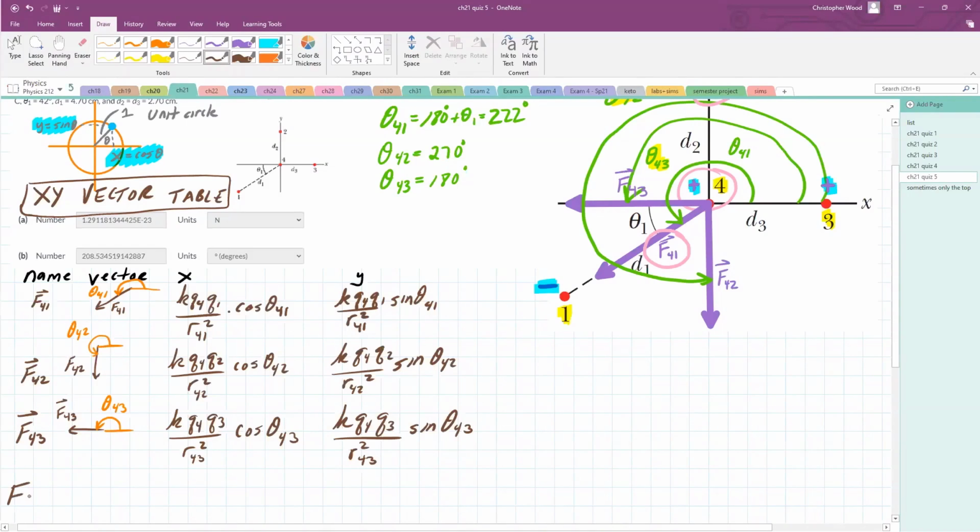Here's F4 net. Here's the dollar signs, F4 net. F4 net x is one dollar sign, and F4 net y is the other dollar sign.